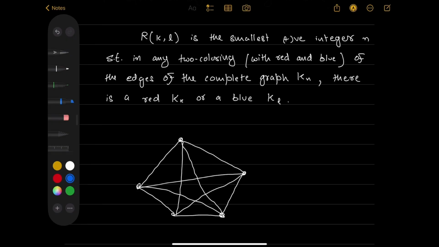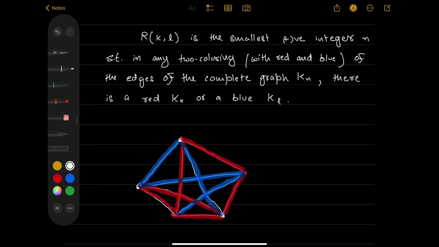Like I'm giving this blue, this blue, this blue, and remaining others red. So this is a two coloring of K5.